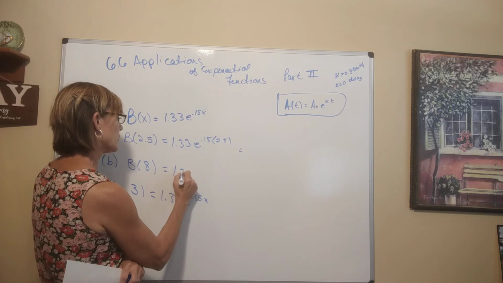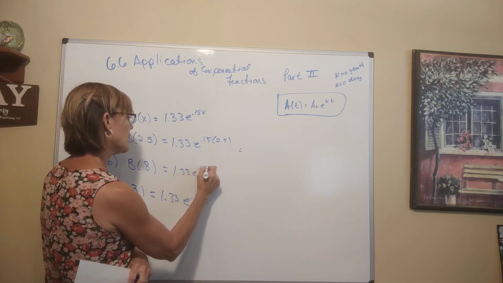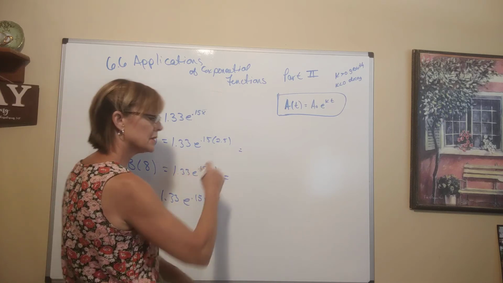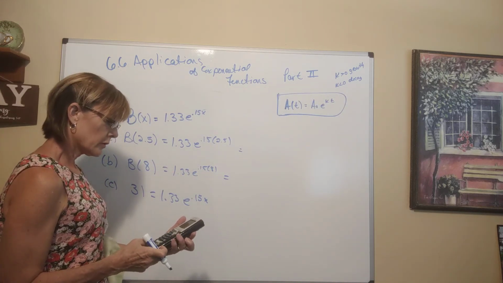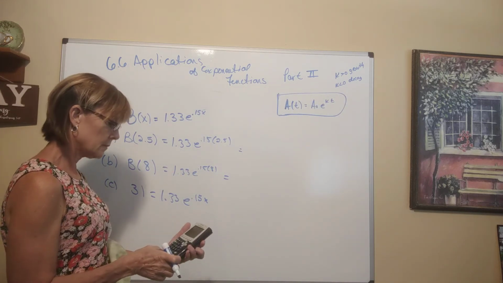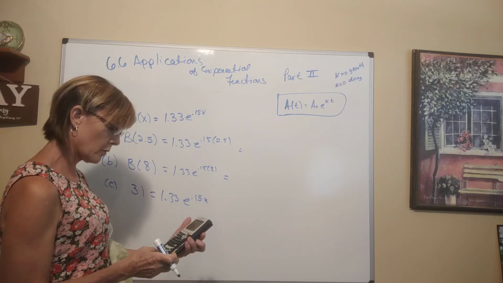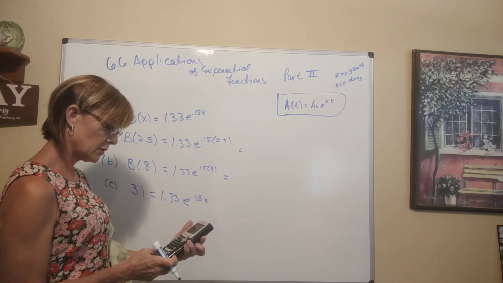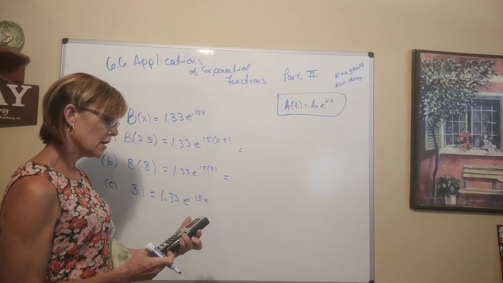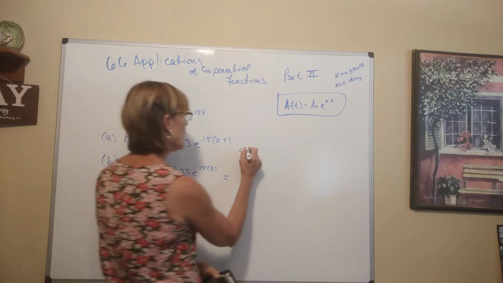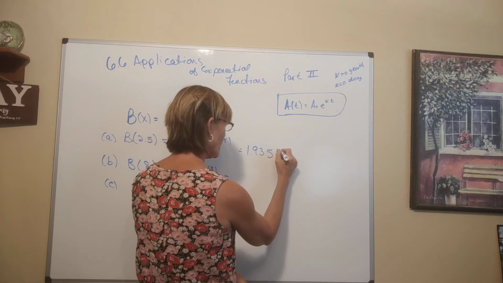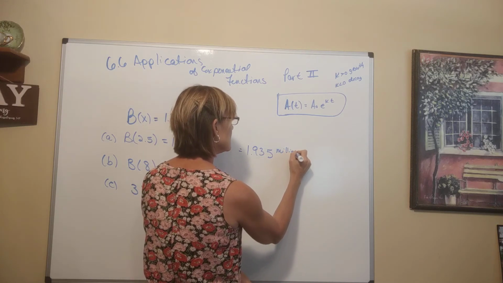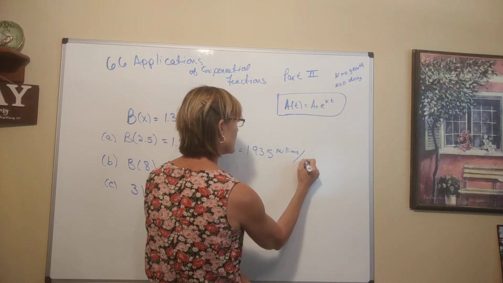This is 1.33 e to the 0.15 times 8. Okay, let's put this in our calculator. And let's see, 1.33 times e raised to the 0.15 times 2.5 is 1.935 millions of bacteria per milliliter.